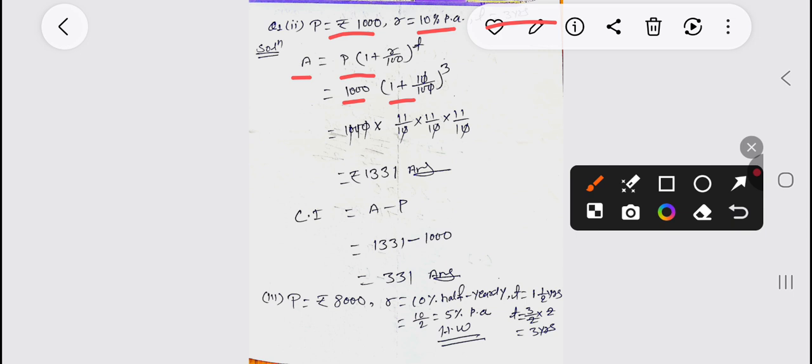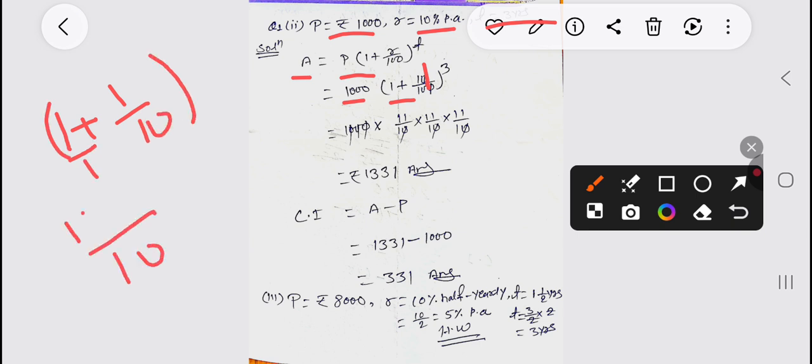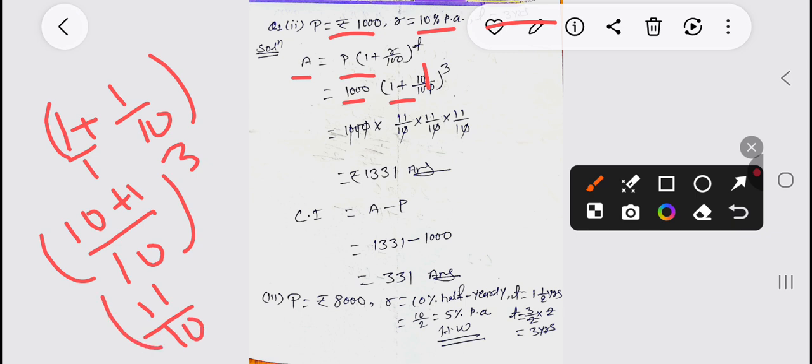Here 10 upon 100 cancels out, so we have 1 upon 10, and 1 plus 1 upon 10, the LCM will be 10, so 10 plus 1 to the power 3 means 11 upon 10 to the power 3. That's why I have written 11 upon 10 into 11 upon 10 into 11 upon 10, 3 times.